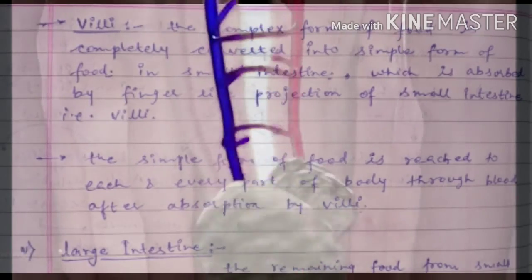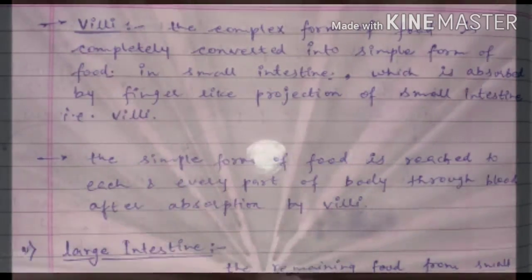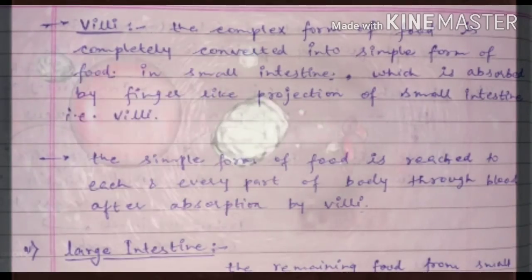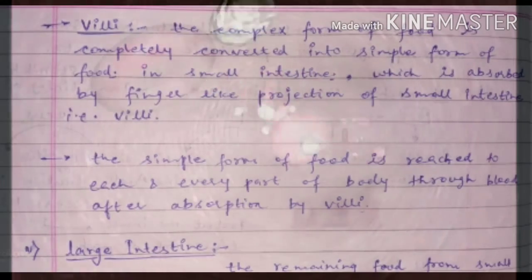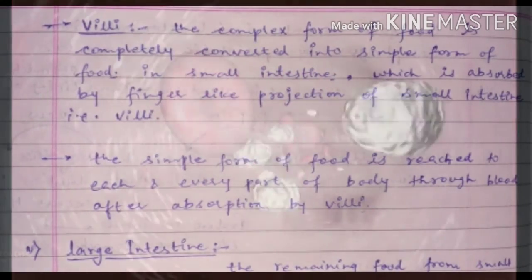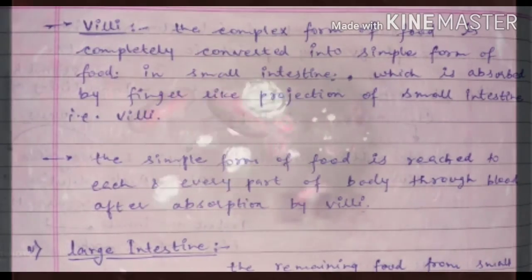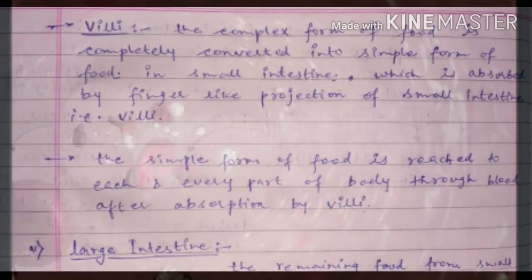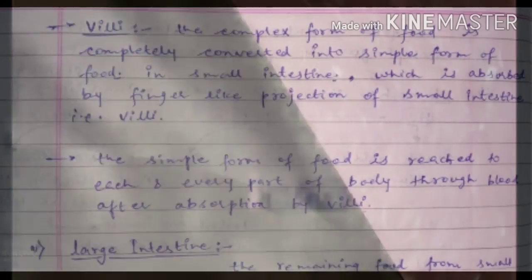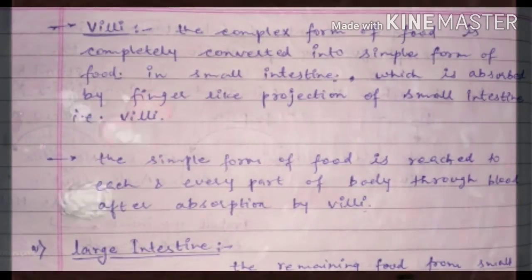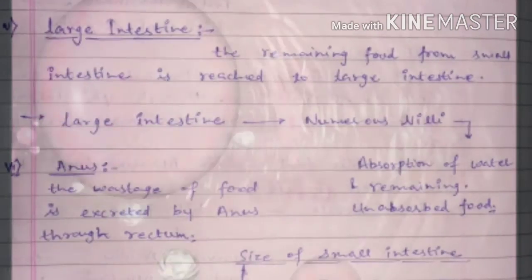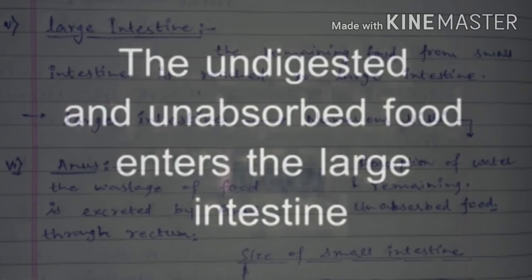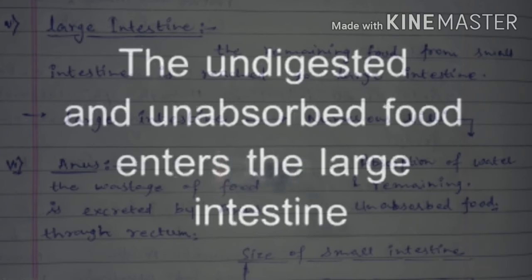These villi play a very important role, and they increase the surface area for the absorption of food, which provides nutrition to each and every part of the body. After that, the food reaches the large intestine.